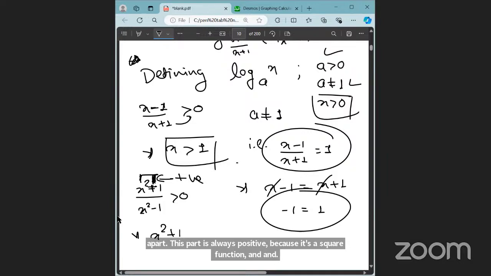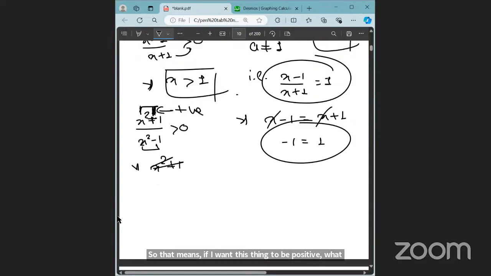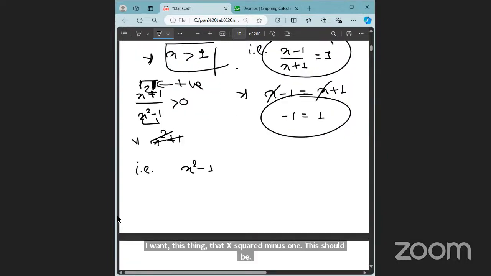So if I want this to be positive, x square minus 1 should be strictly greater than 0. So x square should be strictly greater than 1.